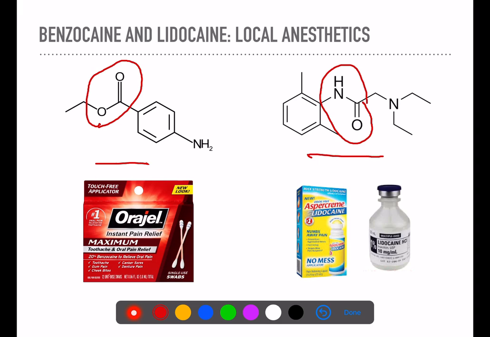This is Oragel, which is benzocaine. This is just over the counter that you can get if you have a toothache at home, and you can apply it. It doesn't have a super long lifetime because you're just applying it topically. This lidocaine would be for your muscles. It looks like a roll-on for a sore muscle. Here's lidocaine like your doctor or dentist would have. It looks like it's ready to be injected.